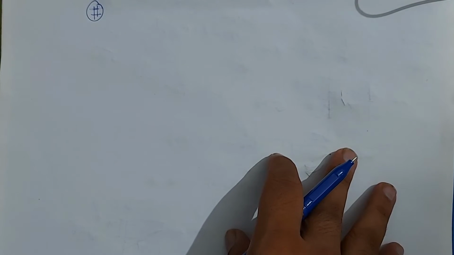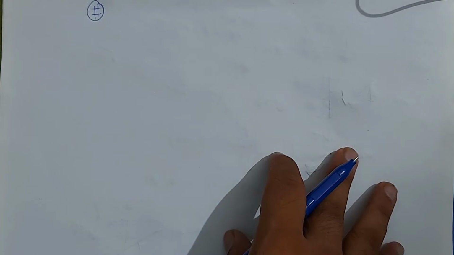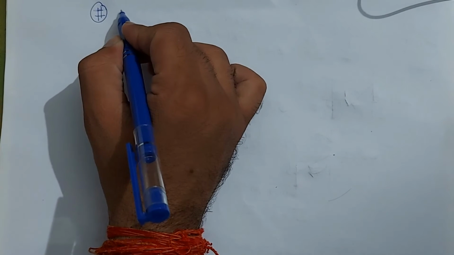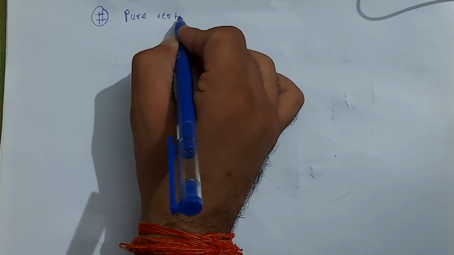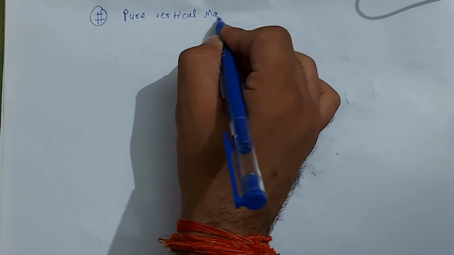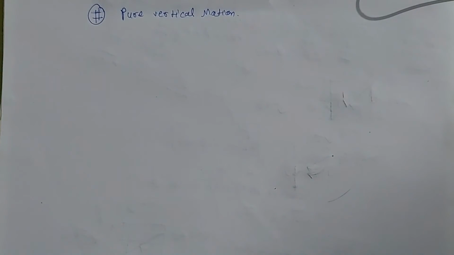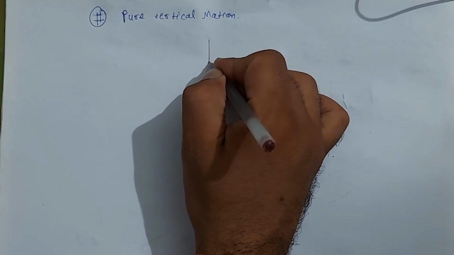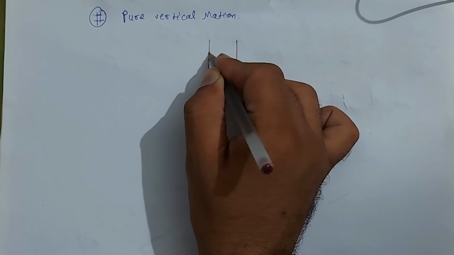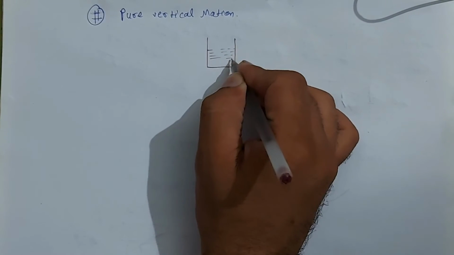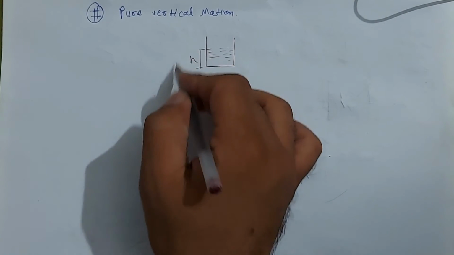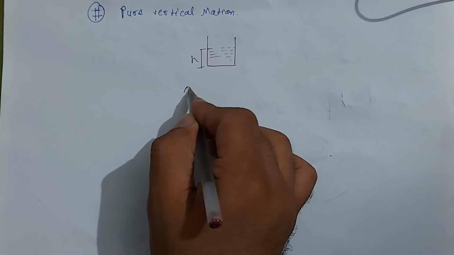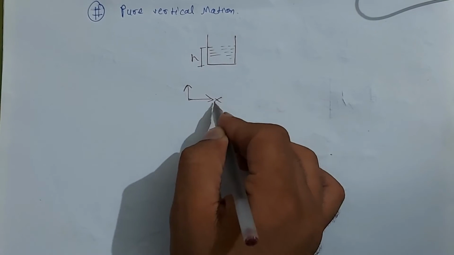So let's discuss the second particular case of the general rigid body translational motion. This is pure vertical motion. Suppose there is a container filled with water up to some height h, same case, and it is only allowed to move in the vertical direction, that is, in the z direction.